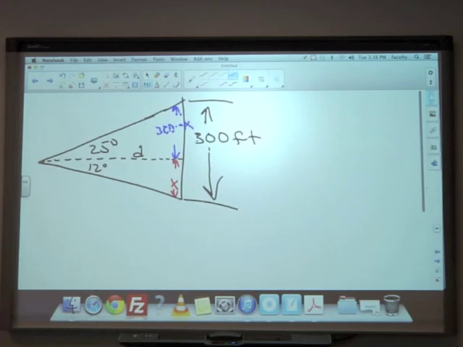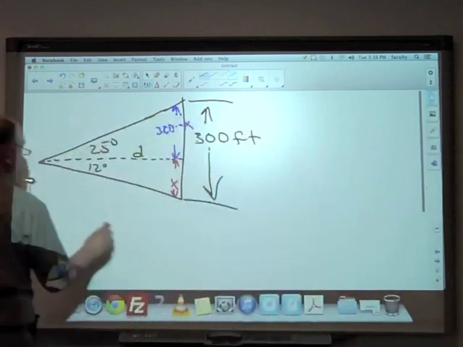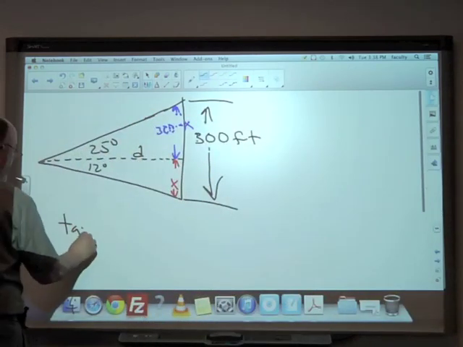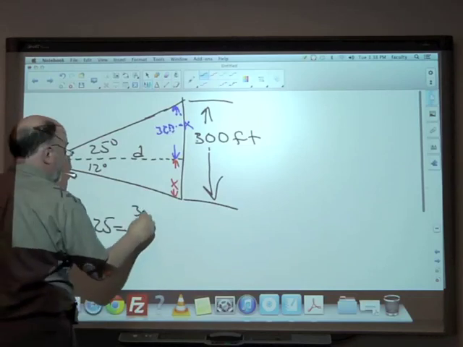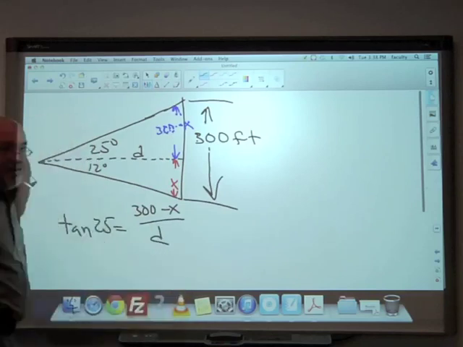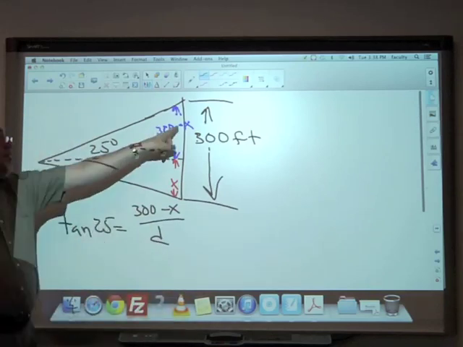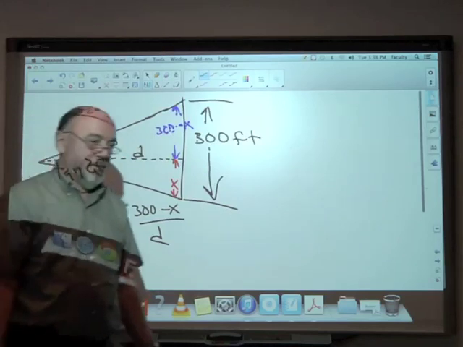So I want to solve this for D. Well, tangent. We get that the tangent of 25 is going to equal 300 minus x over D. Tangent is opposite over adjacent.